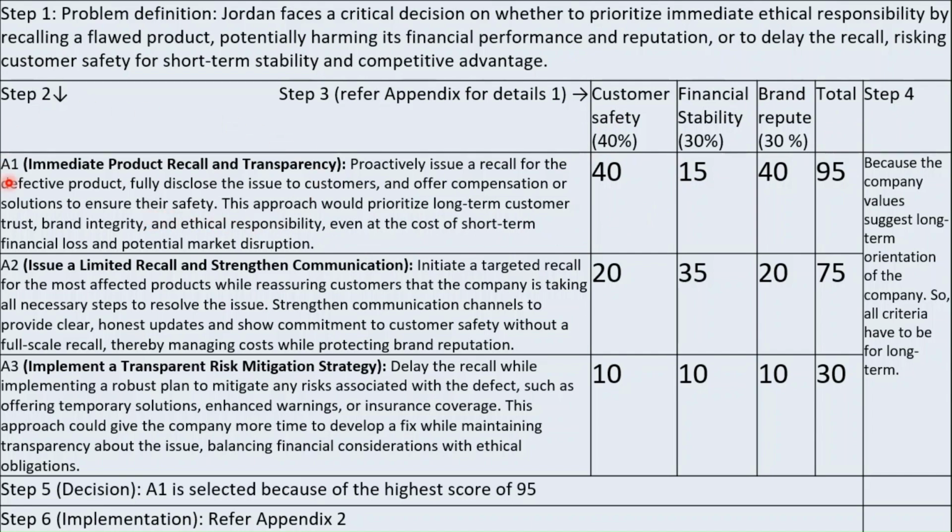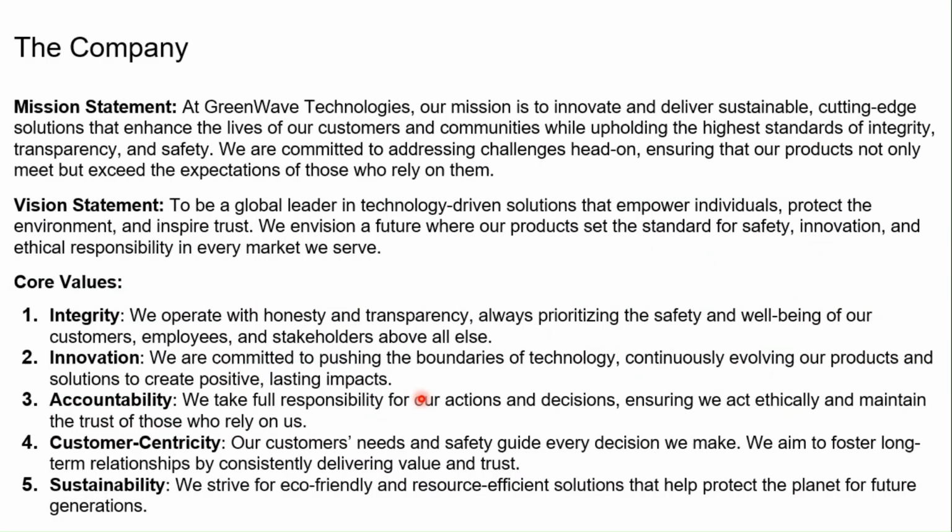Now, for each alternative, we need to score regarding these parameters. So, customer safety, this alternative stands at 40. How do we know that? Because whatever we are doing is for long term. As you see here, long term means more than 1 year.